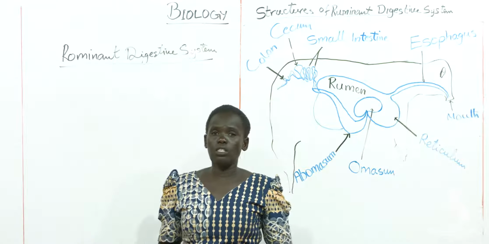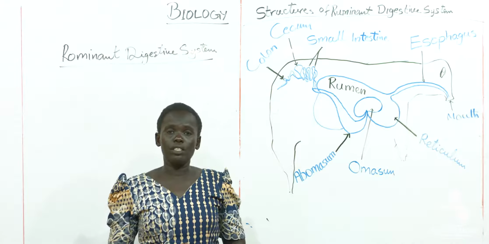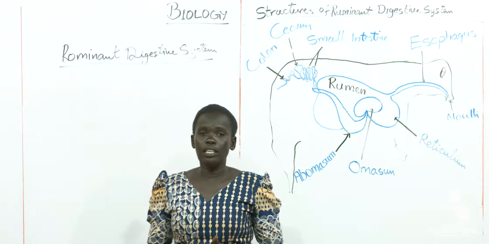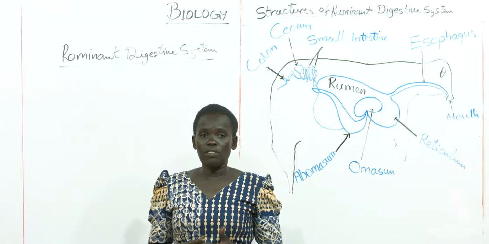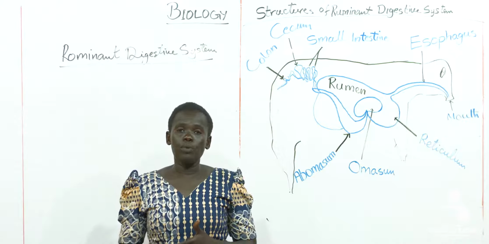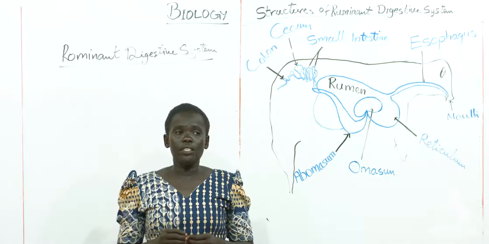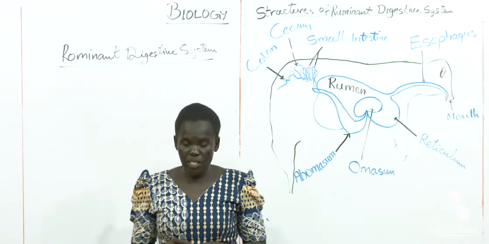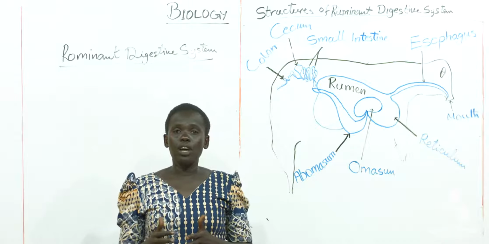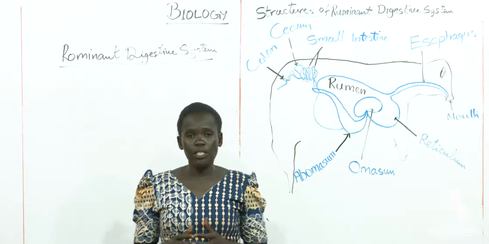So the first one was the monogastric digestive system, represented by the digestive system in human beings, dogs, and cats. Then we discussed the structures of the digestive system in human beings, and their functions, or the food processing.